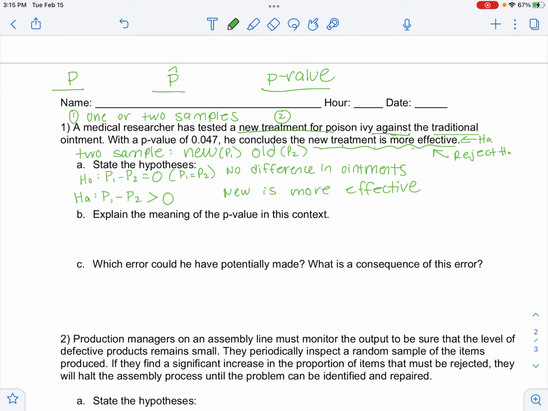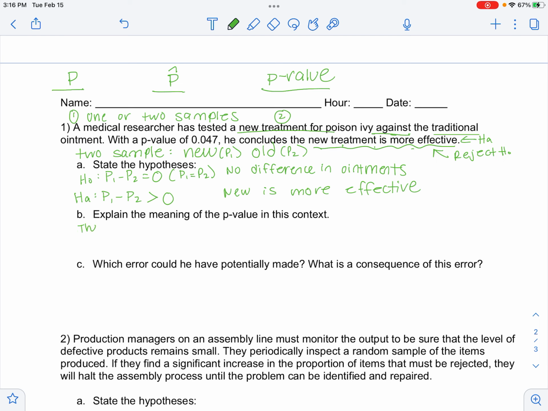All right, now explain the meaning of the p-value in this context. Okay, so in order to explain what the p-value means, remember, that is the probability of our observed value.